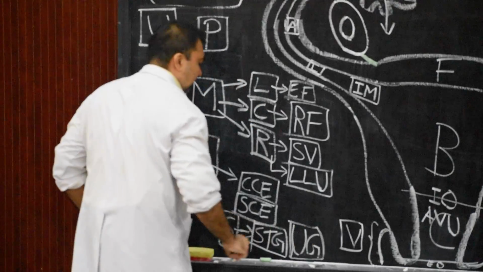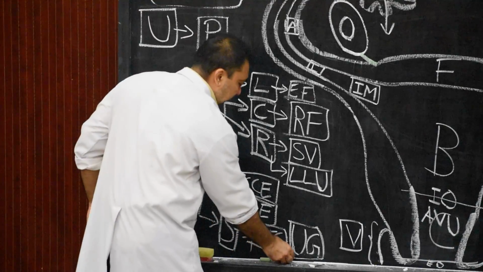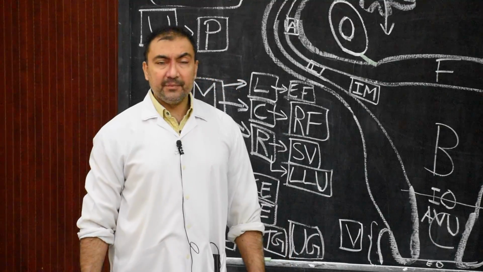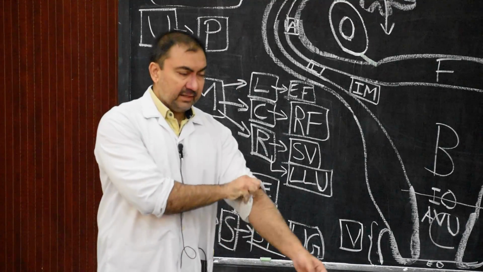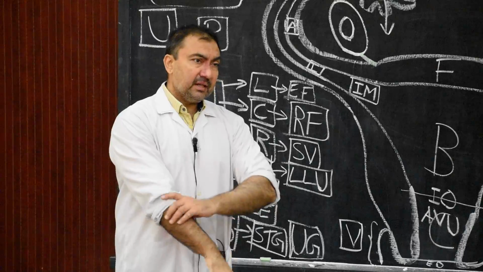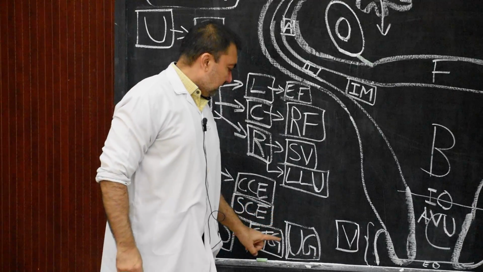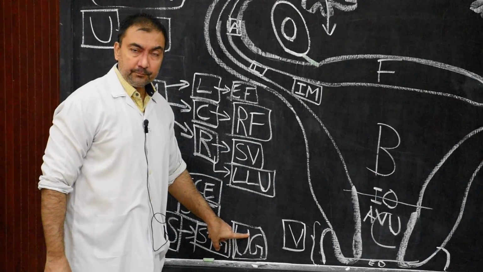So you are able to see a lot of uterine glands within the stroma, beneath the mucosa, that is, within the lamina propria, and these uterine glands are in the form of simple tubular glands.